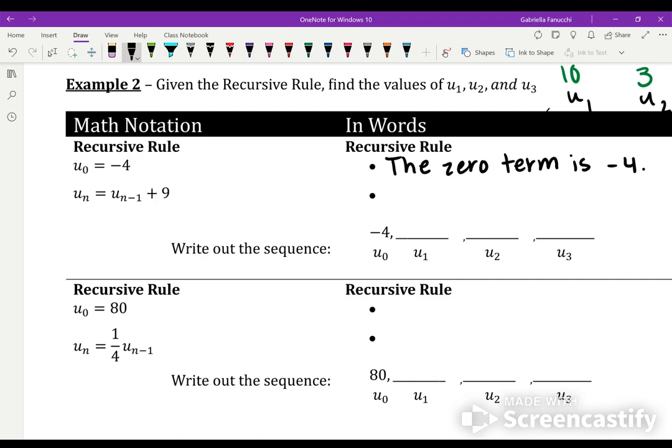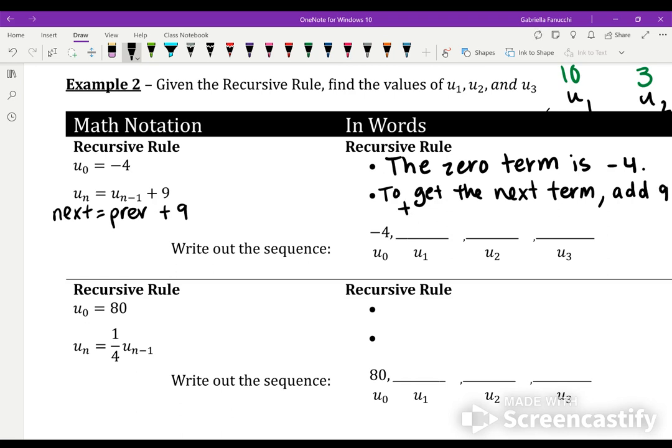Well, what's happening now? The next is equal to the previous plus 9. Well, that means I'm going to be adding 9 each time. So to get the next number or next term, add 9 to the previous.